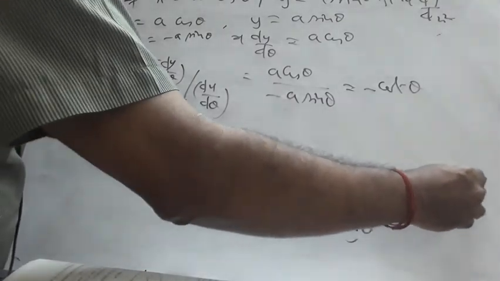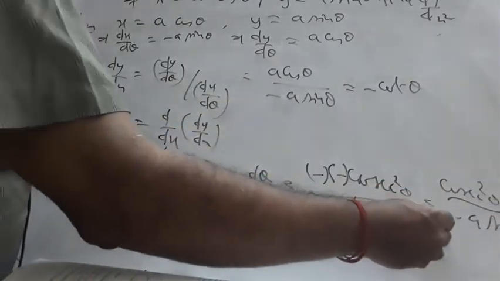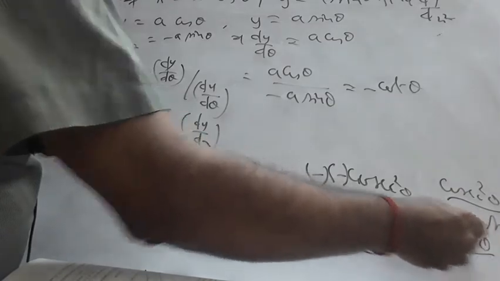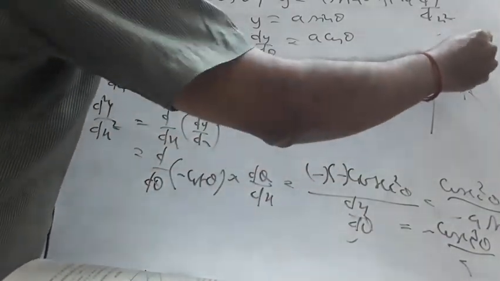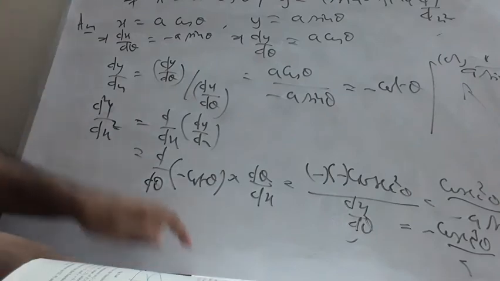Therefore, this is simply cosecant square θ divided by minus a sin θ. Therefore, my answer will be minus cosecant cube θ by a, or minus 1 by a sin cube θ.